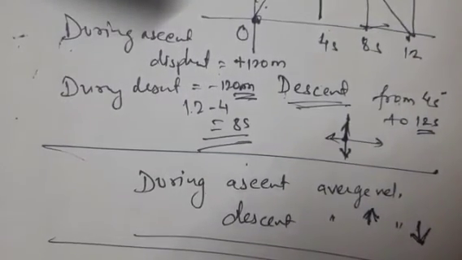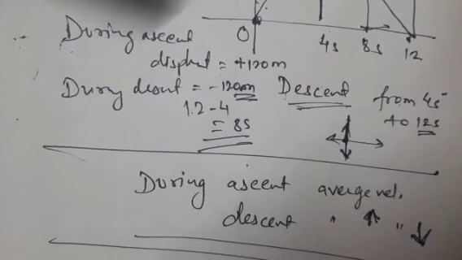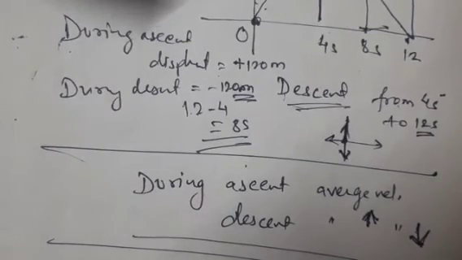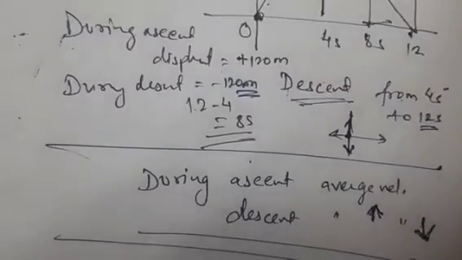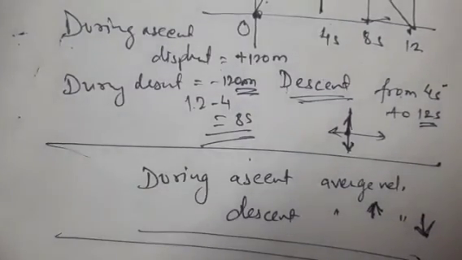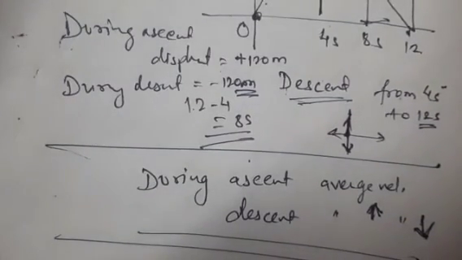And the next questions are based on average velocity and average speed. Everywhere the displacement equation is given, we just have to put in the values of t, then we'll have to find x, that is displacement, and t, that is time.